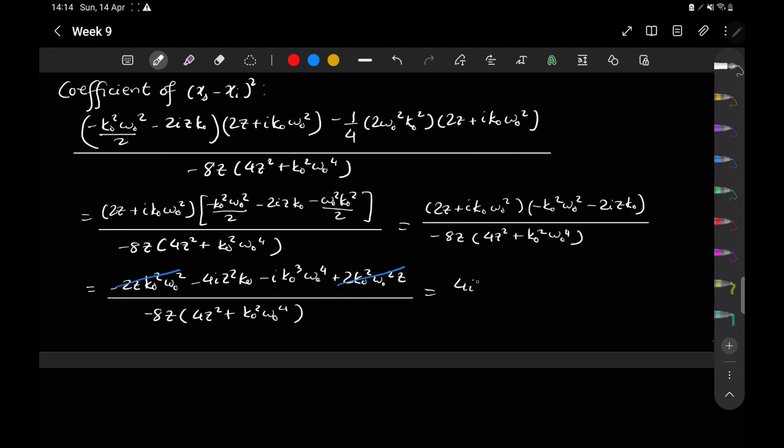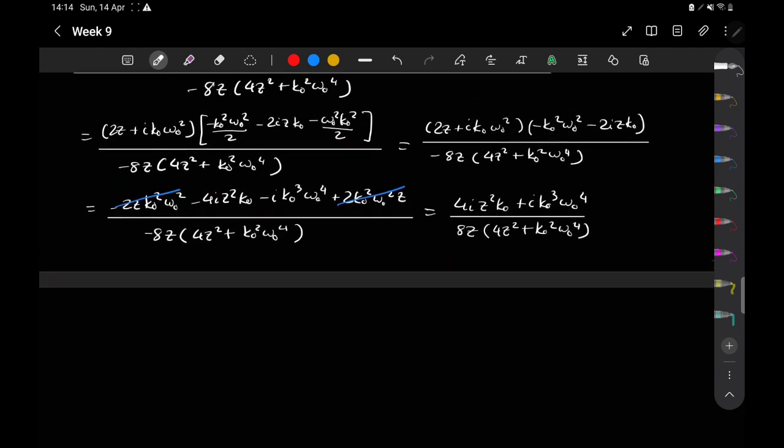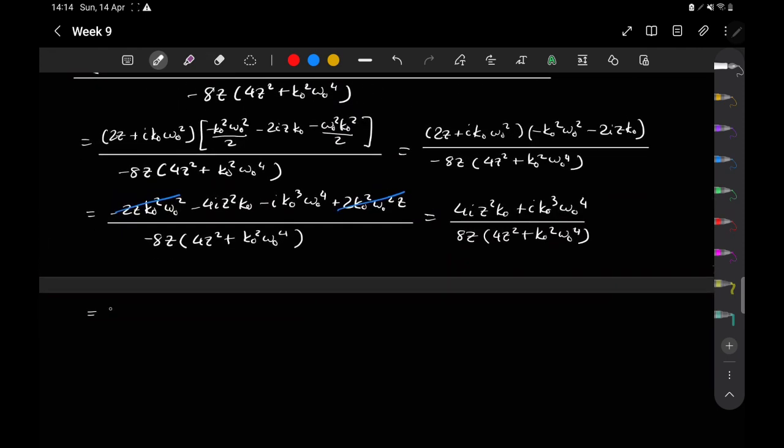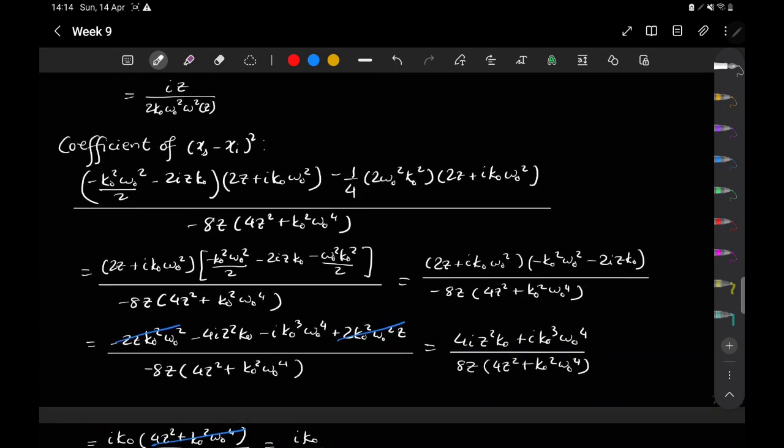This gives us the following. Now this term cancels from numerator and denominator, giving us a very simple expression, i k naught over 8z. Now let us put it all together.